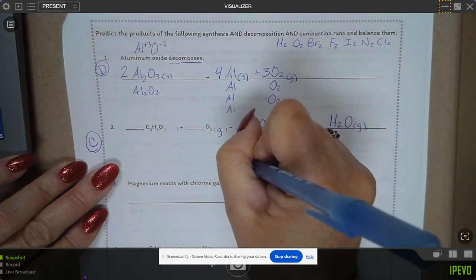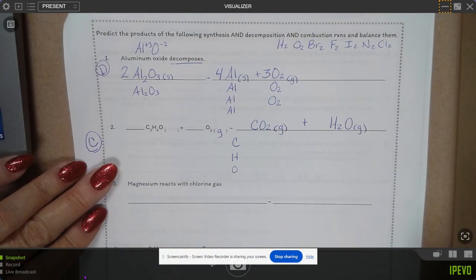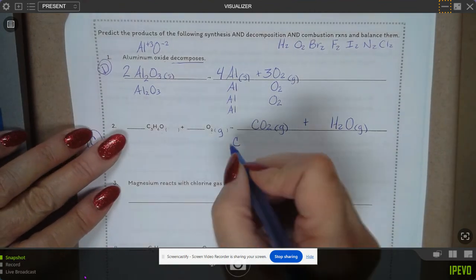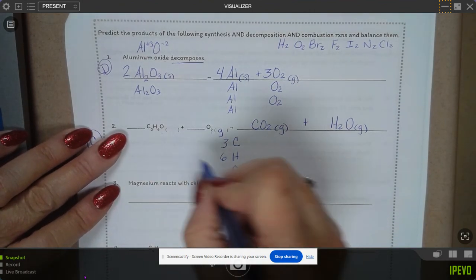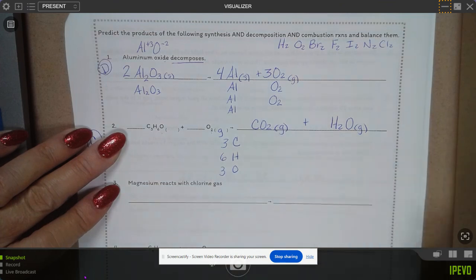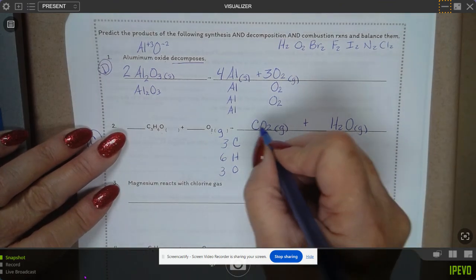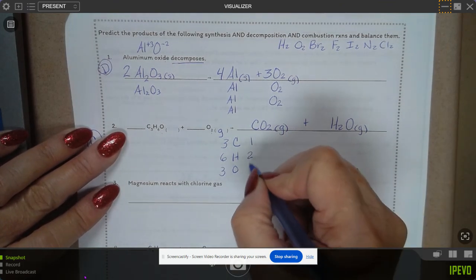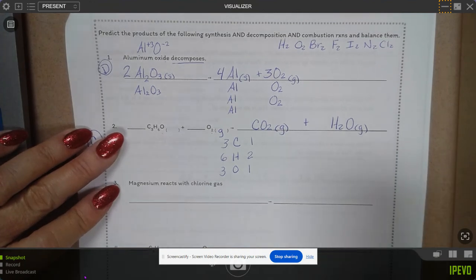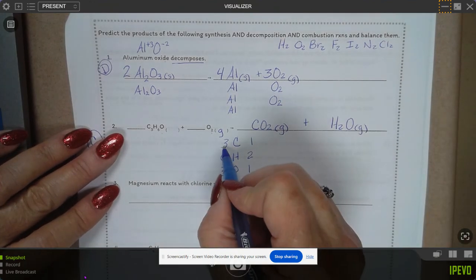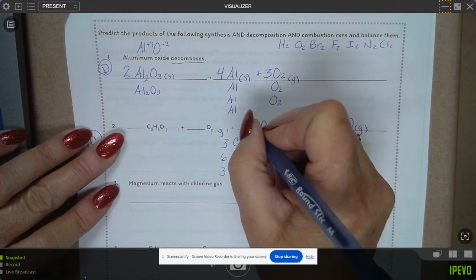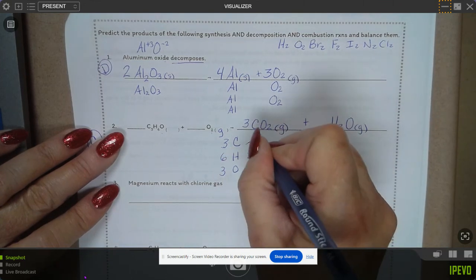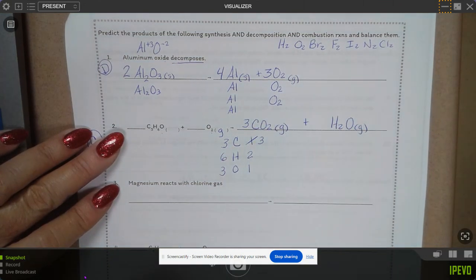So we've got carbon, hydrogen, oxygen. On this side we have 3 carbon, 6 hydrogen, and 3 oxygen. On this side we have 1. Remember I said 1, 2, 3. Let's start with the carbon. I have 3 over here, 1 over here, so if I put a coefficient of 3 here, now I have 3 carbon.